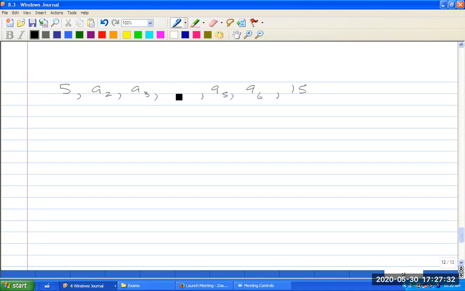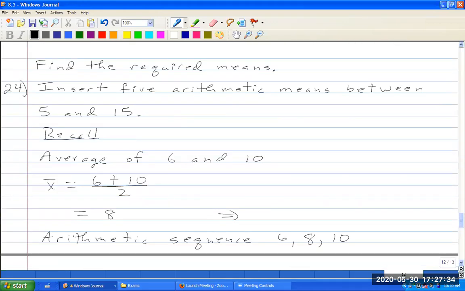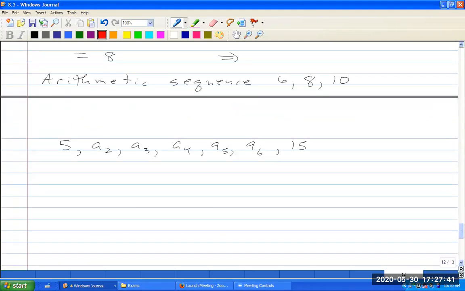And we have inserted 5 arithmetic means between, maybe I'll call those A's, A1 and A7. And so if this is an arithmetic sequence, then that means that I've inserted 5 arithmetic means.